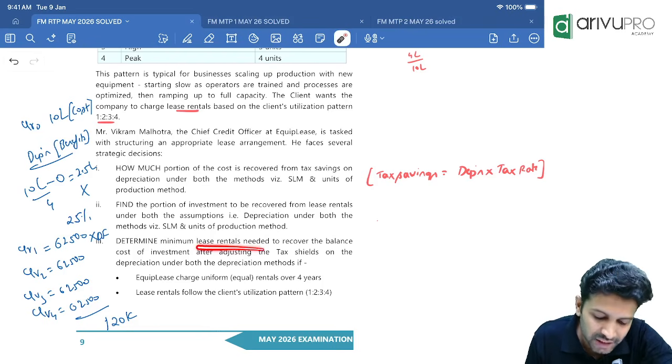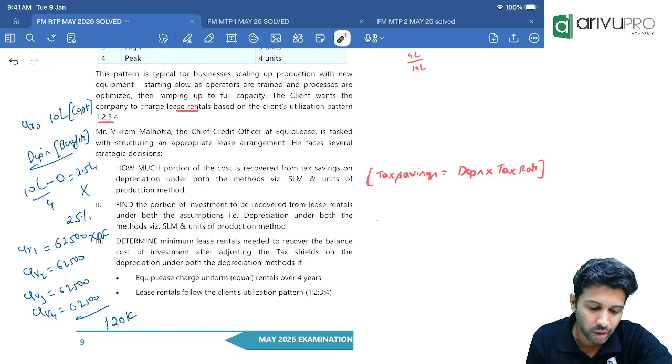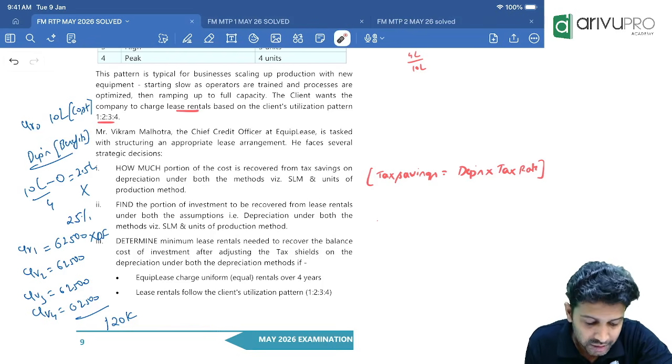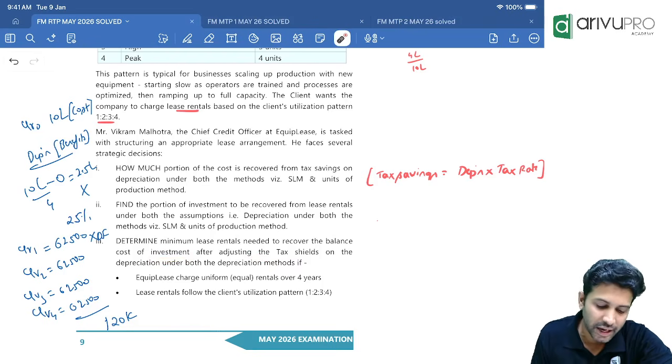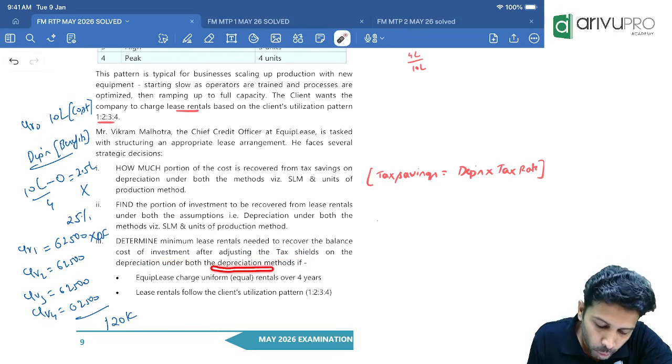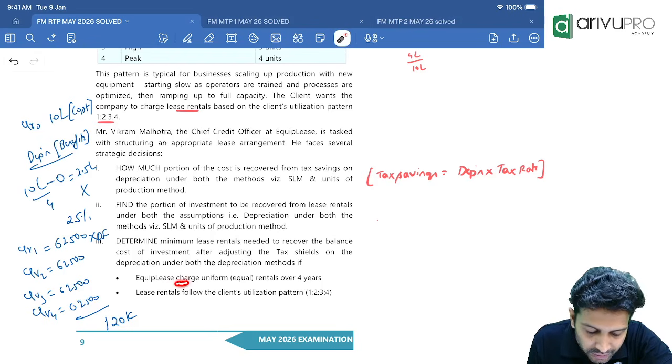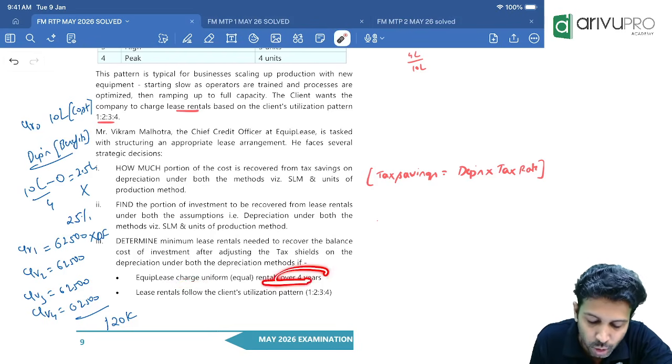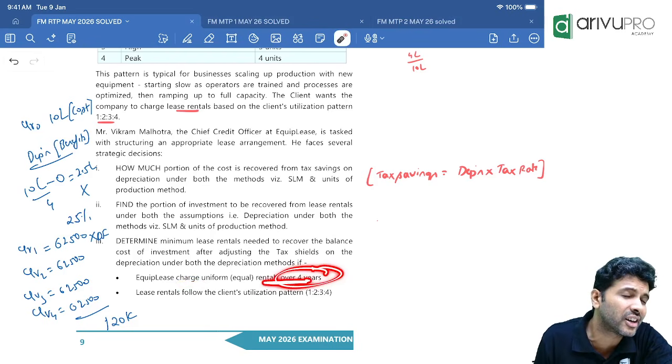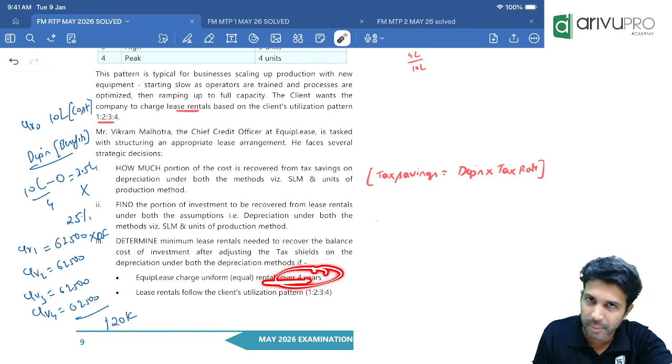Third, determine the minimum lease rental needed to recover the balance cost of investment after adjusting for the tax shield on depreciation. Under both depreciation methods, if we lease the equipment, we charge lease rental uniformly over 4 years. That means we charge the same lease rental every year.